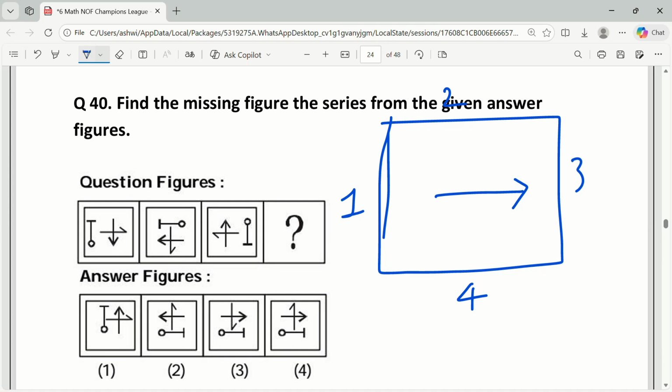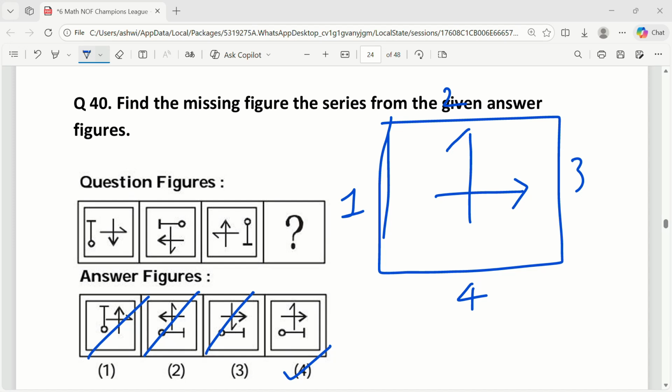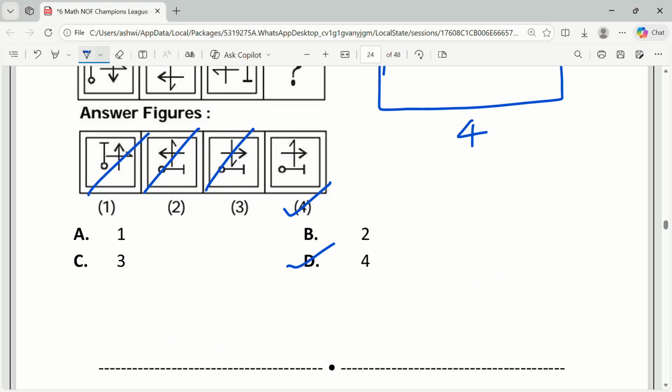Comparing with the answer figure, 1 and 2 are not the same. Now we can see that the second half arrow is first pointing towards 3, then 2, then 1. So next it will be pointing towards 2. That leaves us with only option 4. So the answer is option 4, that is D.